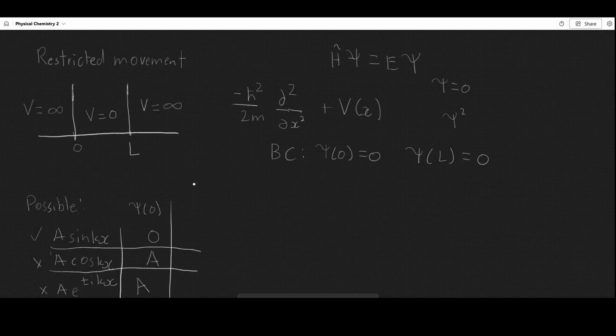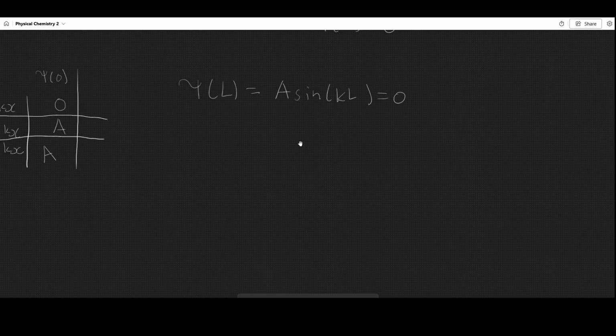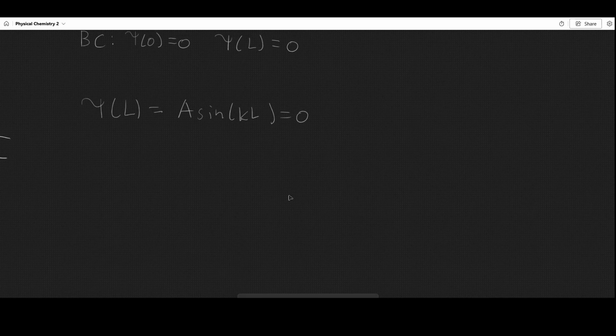Okay. So then we can continue on with the second boundary condition, that psi at L equals 0. And so what I can write is psi of L equals a sine KL, and that equals 0. Okay, so we divide both sides by a, we still get 0.